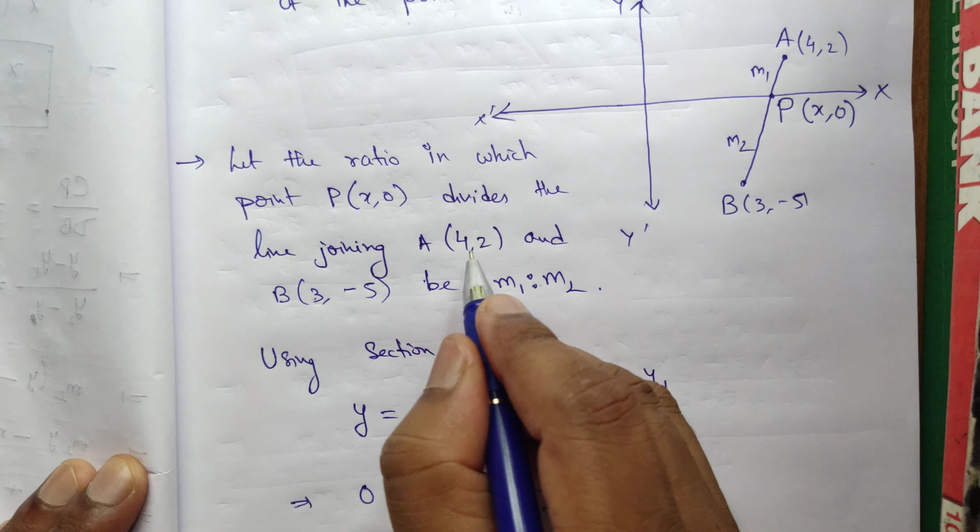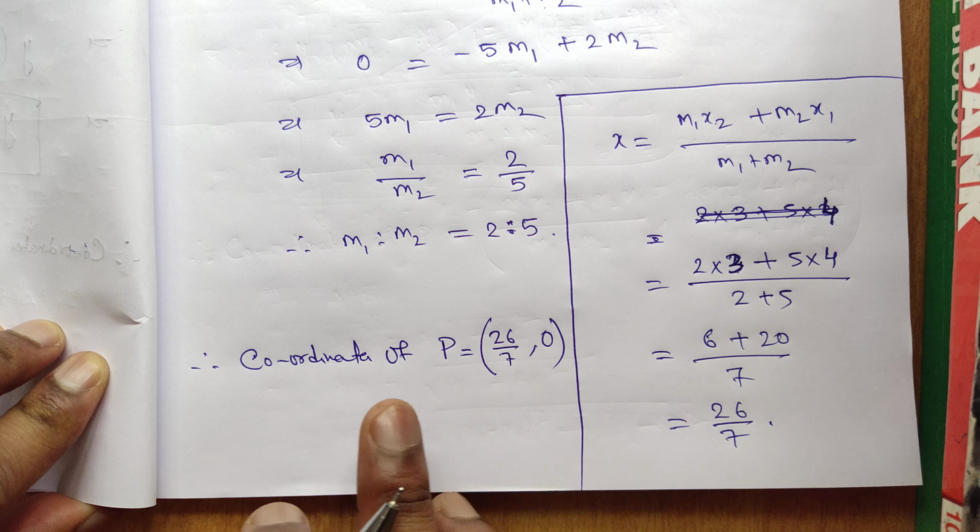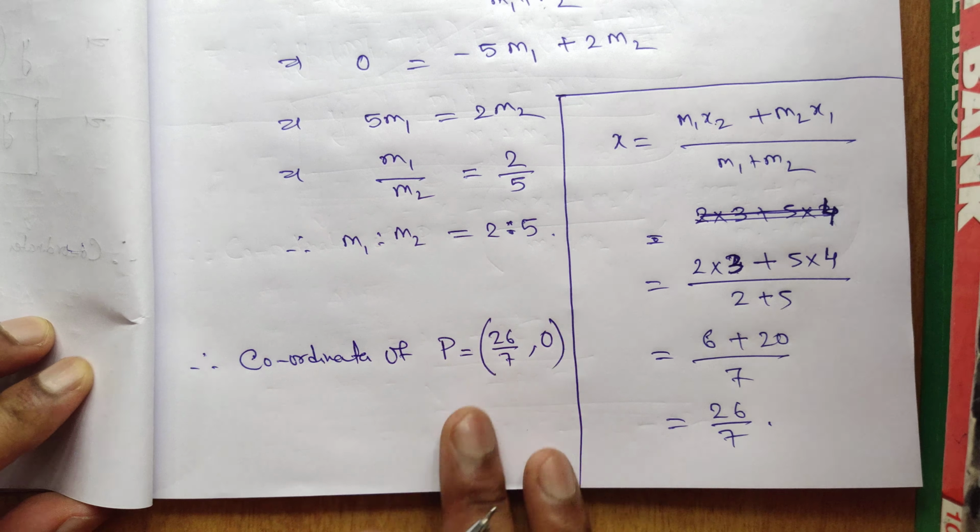So you'll write, therefore, coordinates of P is equals to 26 by 7 comma 0. Okay, so this is how we find ratio, and after finding the ratio, we can also find the coordinates.